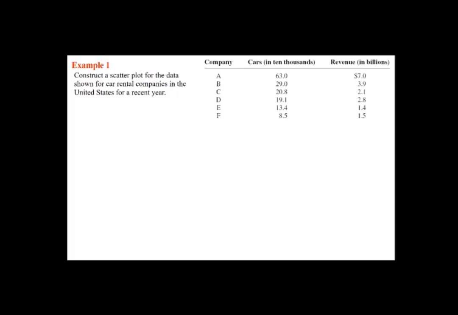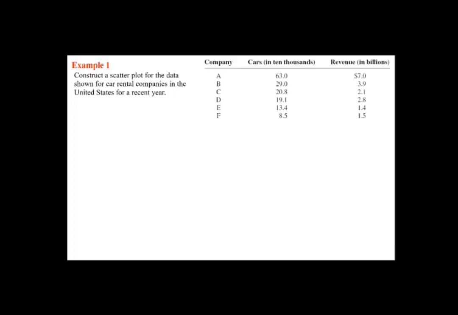So company A, for example, we see two numbers in front of it, 63 and 7.0. That means 63 times 10,000, or 630,000 cars, and $7 billion in revenue.